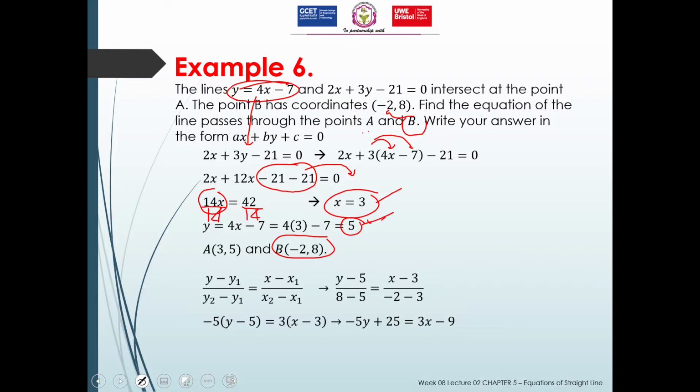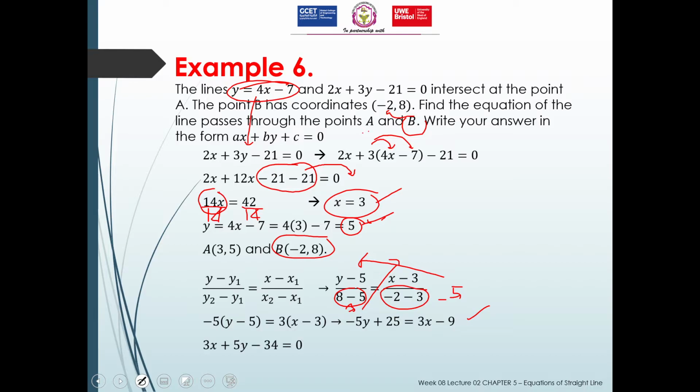Simplify, we get 8 minus 5, which is just 3, and negative 2 minus 3 is negative 5. Then we cross multiply, so that we get negative 5 times (y minus 5) equals 3 times (x minus 3). If we simplify, this is negative 5y plus 25 equals 3x minus 9.